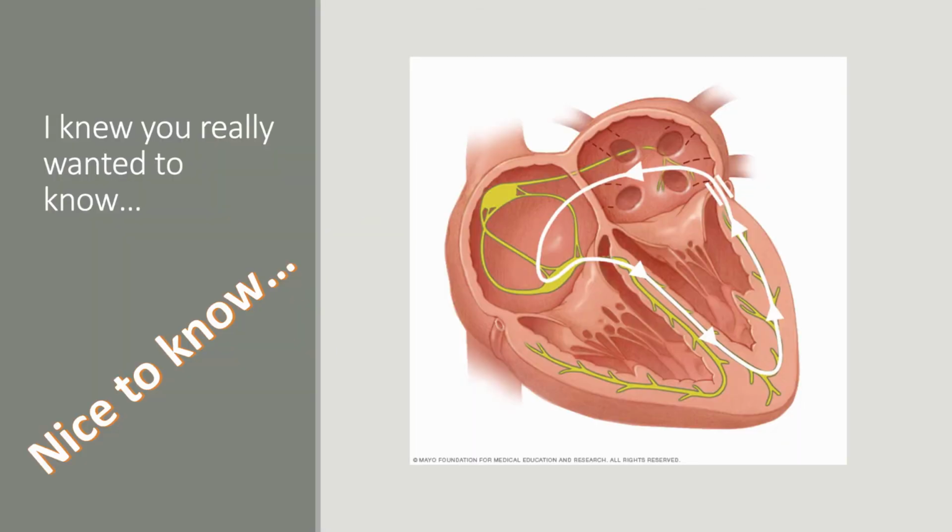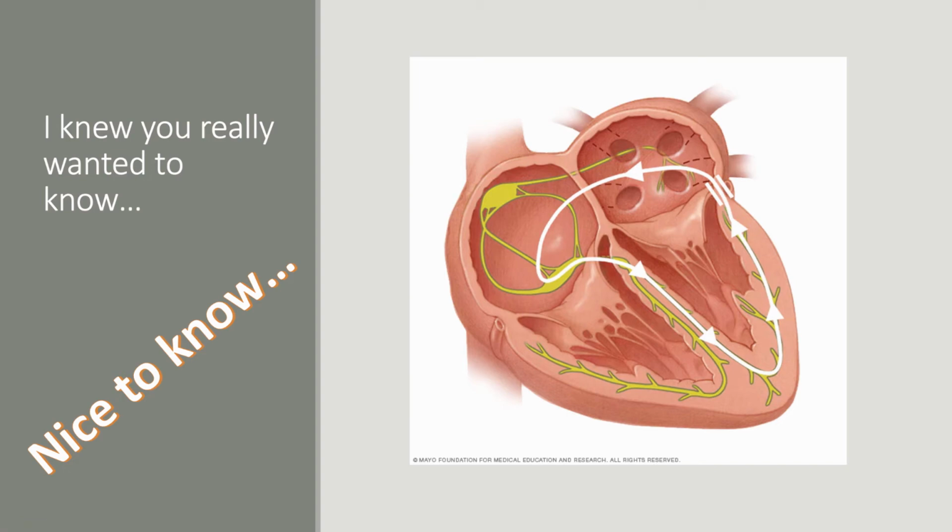What is WPW? Well, WPW is this weird arrhythmia where the impulse starts up here, comes down through these mechanisms, and then takes a break in the AV node, right? That's the normal pathway. Well, what can happen with this is this accessory pathway happens.